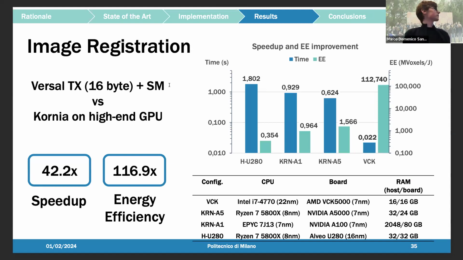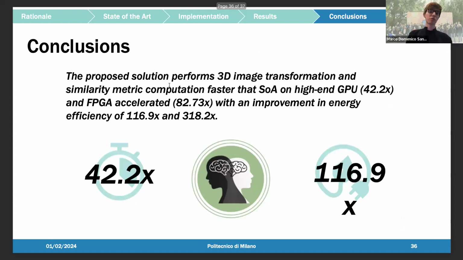Moreover, considering the target task of image registration, the 16-byte configuration, which performs a bit worse, again against Cornea on the same GPU, achieves a speedup of 42.2 and an energy efficiency improvement of 116.9. This proves that this design does merge the benefits of FPGAs and AI engines by beating the state of the art in both transformation alone and an image registration step, both on high-end GPUs and FPGA.